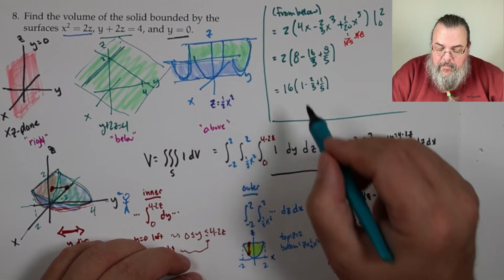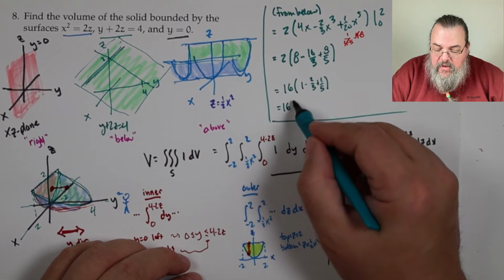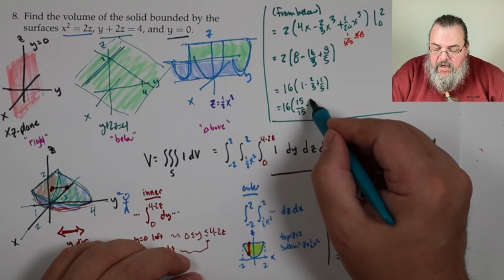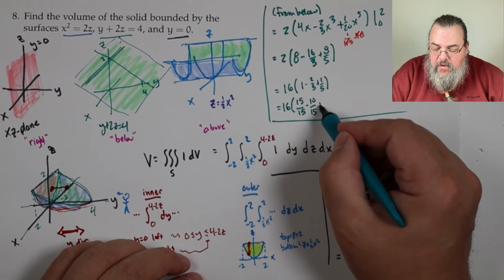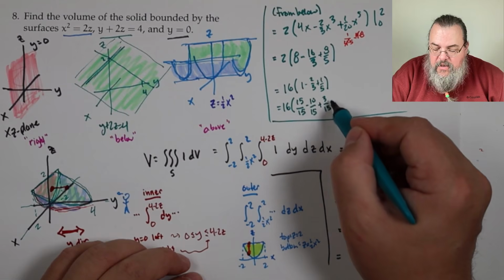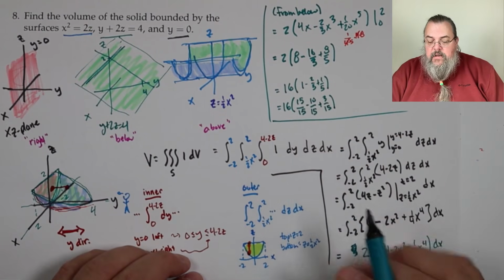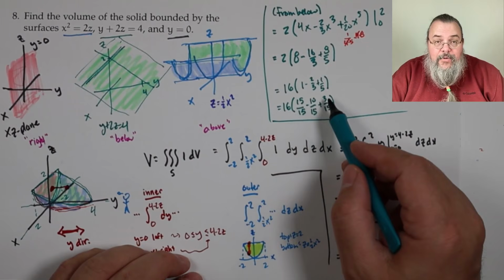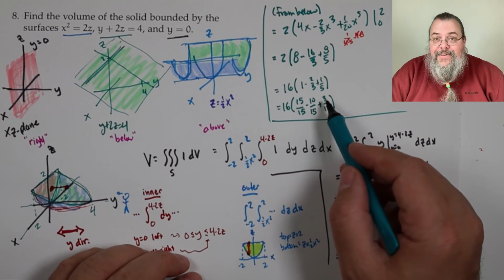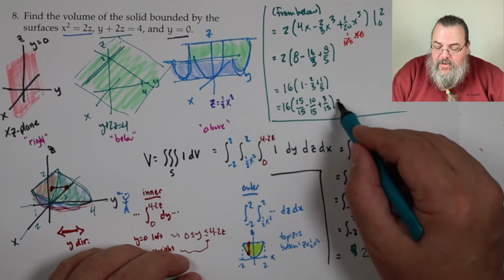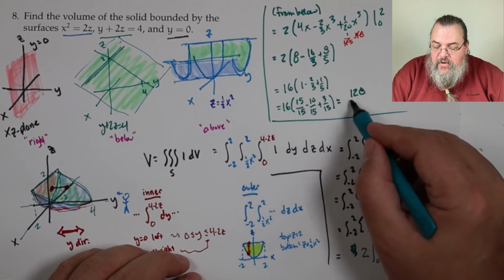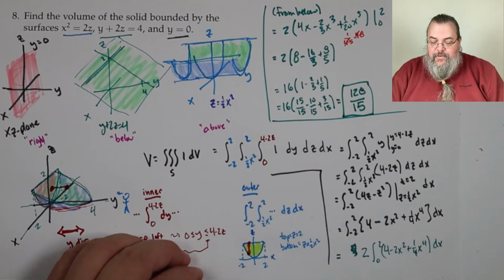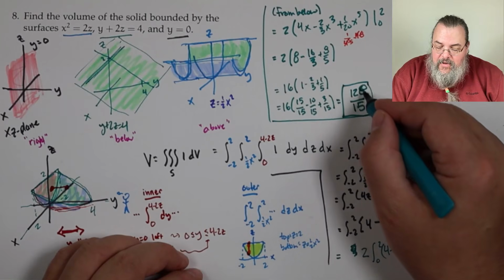And get a common denominator. So that's 16 times 15/15 minus 10/15 plus 3 over 15. 15 minus 10 is 5. Add 3 makes 8. 16 times 8 gives us 128. So the answer is 128 over 15, and that's the volume.